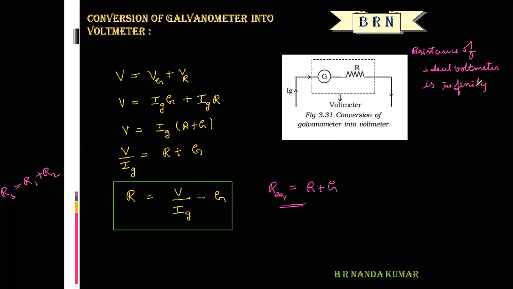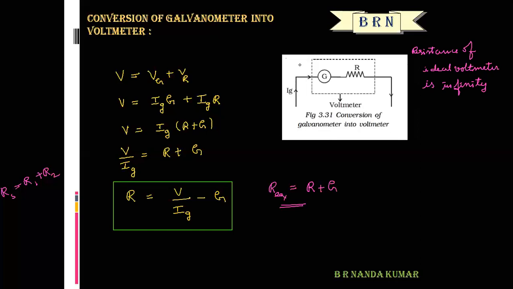Resistance of an ideal ammeter is 0. Resistance of an ideal voltmeter is infinity. So how do you convert a galvanometer into a voltmeter? By connecting a very high resistance in series with the galvanometer.